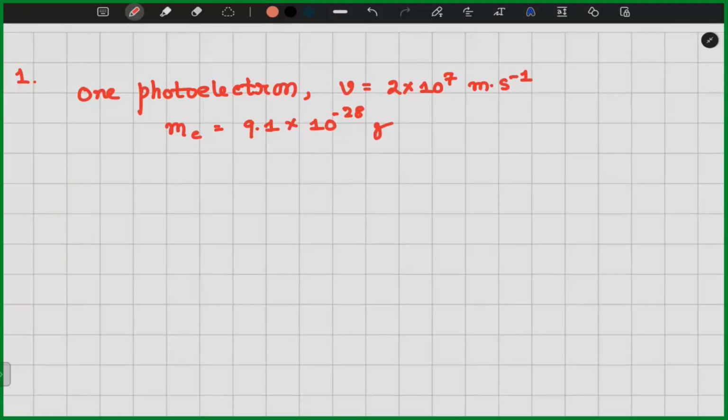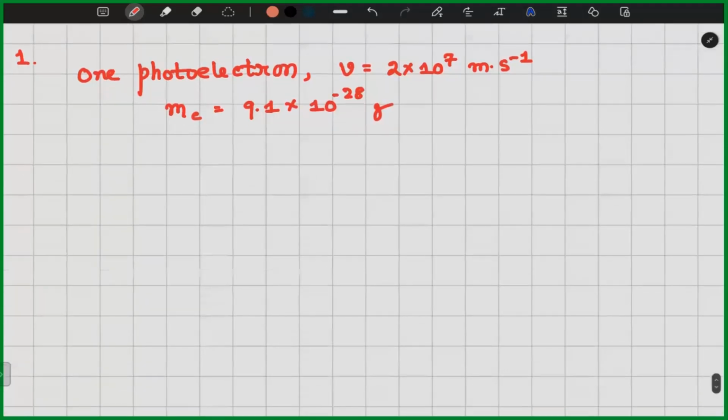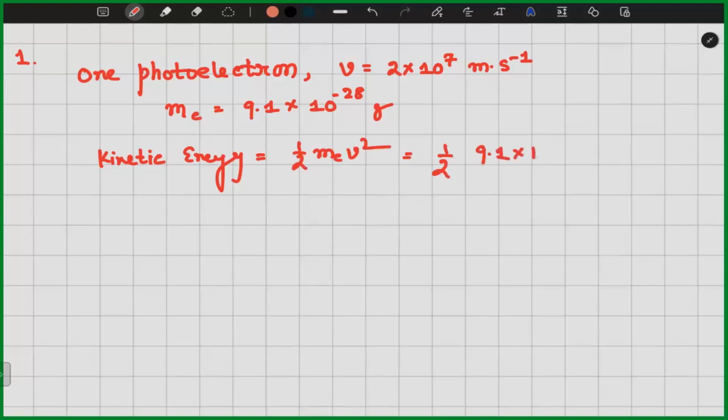Now, what have they asked? They have asked the kinetic energy. It's a very trivial question. What will be the kinetic energy? As we know, it is half m v square. So it will be half into 9.1 into 10 to the power minus 31 kg, times (2 into 10 to the power 7) squared m square s to the power minus 2.